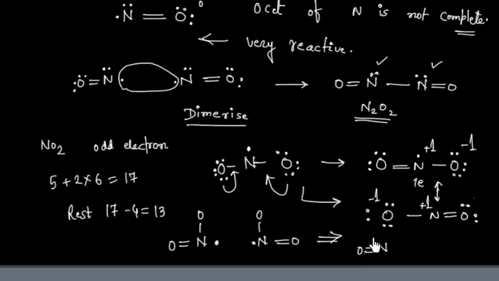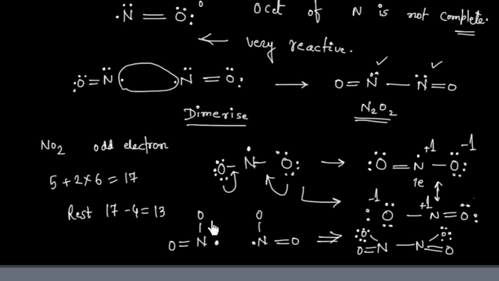This molecule is your N2O4. Now they can easily dimerize. Here you have 2 electrons and 2 electrons. Here you will have 2, 4, 6, 8. Nitrogen has its octet complete.